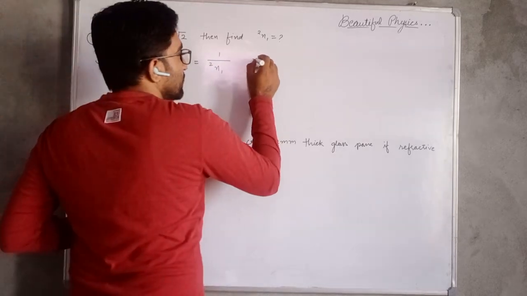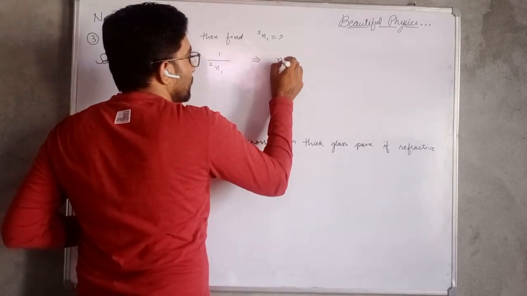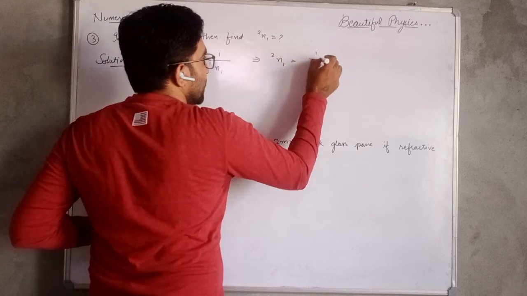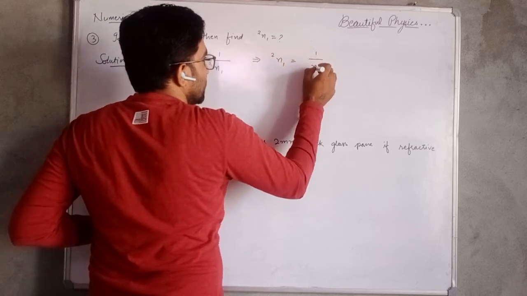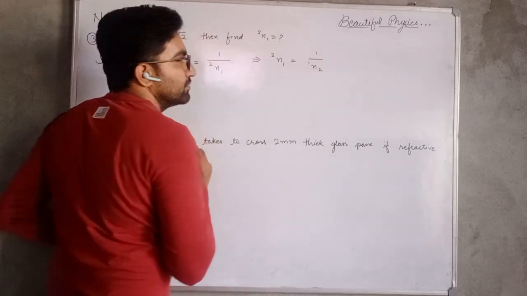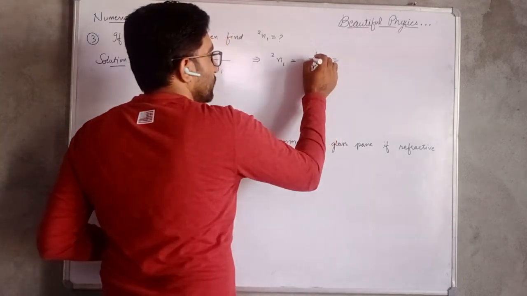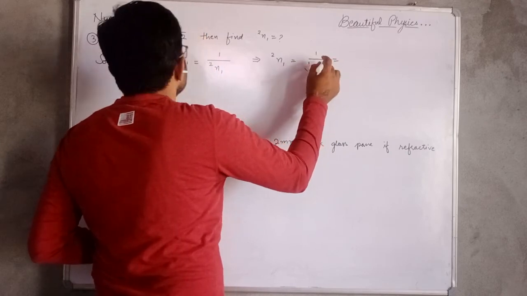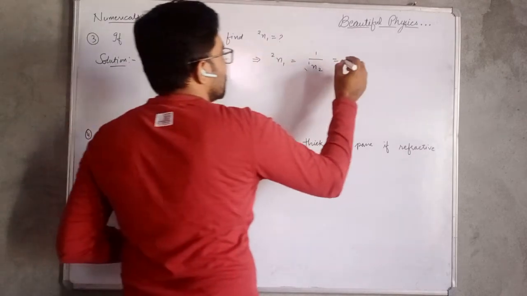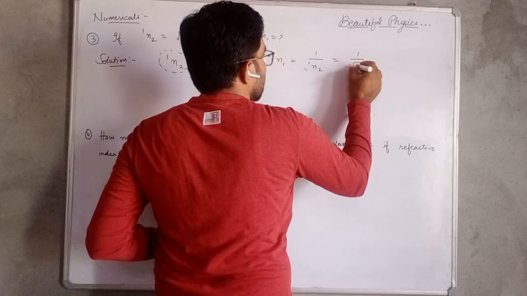So we have n12 is equal to 1 by n21. Okay, so let's put the values. The value of the refractive index of the second medium with respect to the first is square root 2, so it will be equal to 1 by root 2.